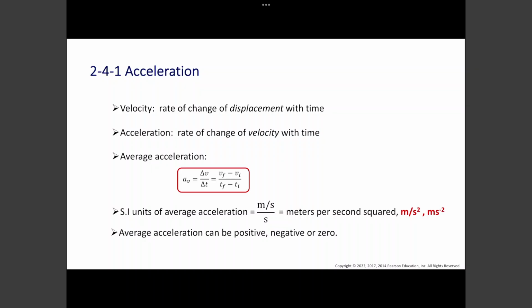An average acceleration can be positive or negative or zero depending on the direction. Again, acceleration has both magnitude and a direction like velocity. Because of that, it's a vector quantity.